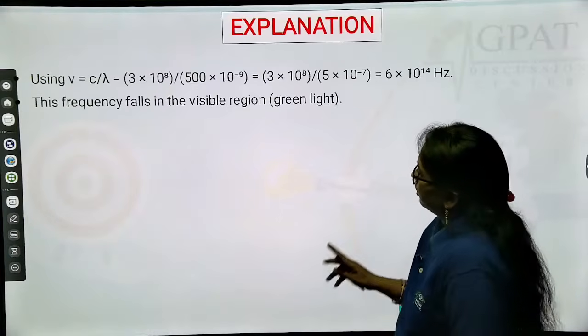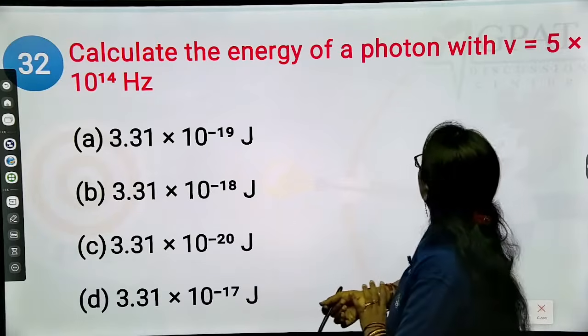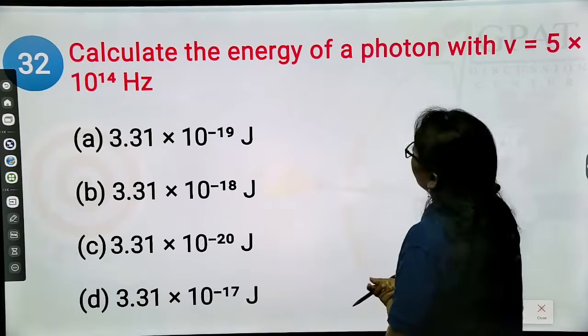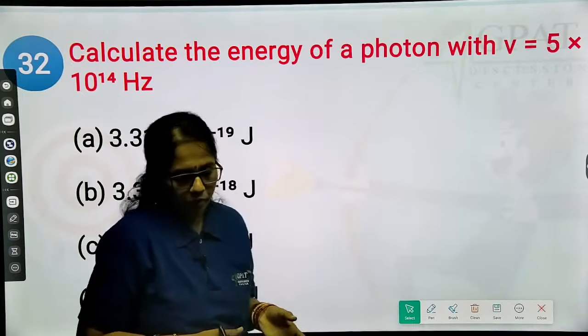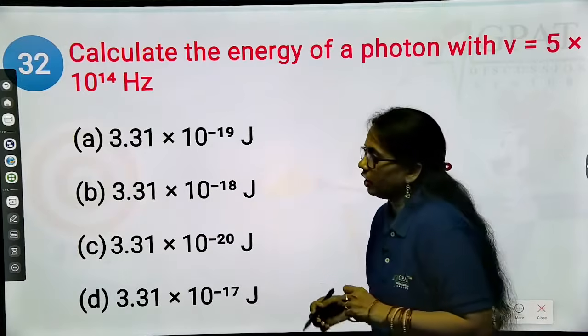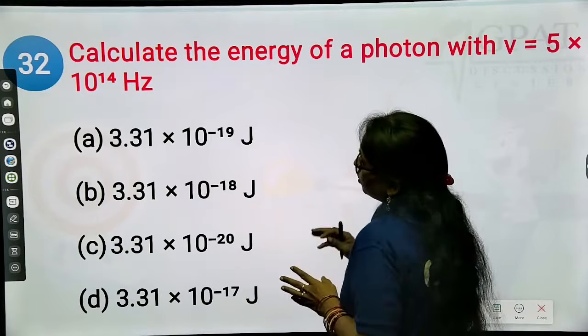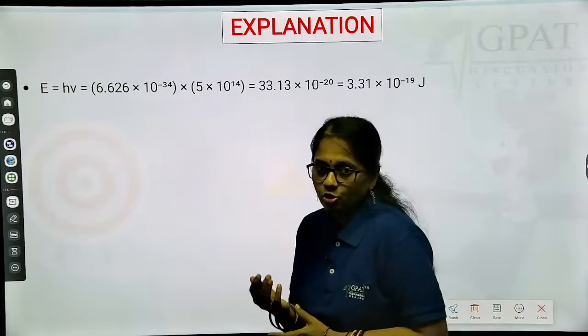Next, calculate the energy of a photon with nu equal to 5 into 10 to the power of 14 hertz. They have given the frequency and asked us to calculate the energy, E equal to h nu. For that you should know the h value, the Planck's constant.